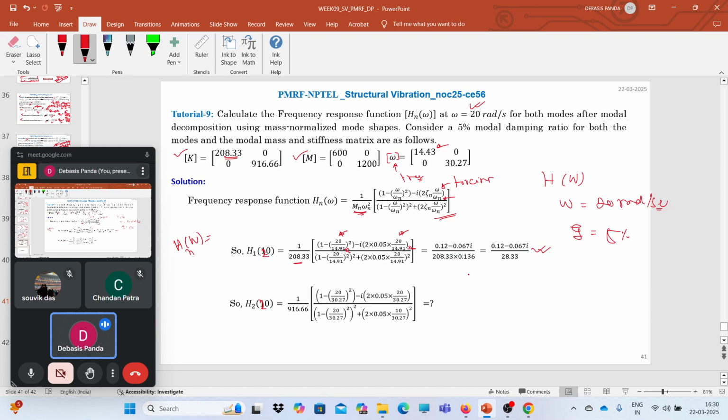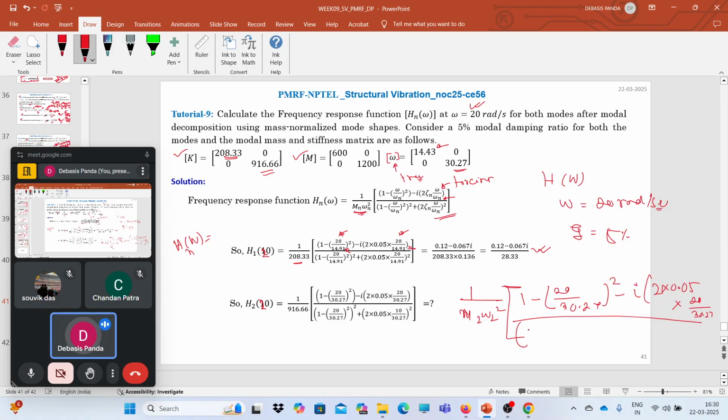So for the second mode H2, if we want to calculate, again what we need to do, 1 by m2 omega2 square, that means this part within the bracket, 1 minus, omega is given as 20, but for the second mode omega_n is given as 30.27 square, minus i of, again do the same thing, 2 into 0.05, the damping ratio, multiplied by 20 divided by 30.27, divided by the denominator part.